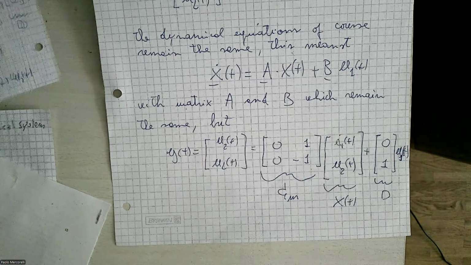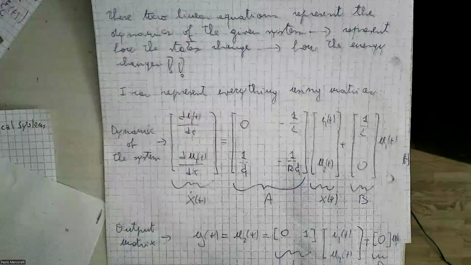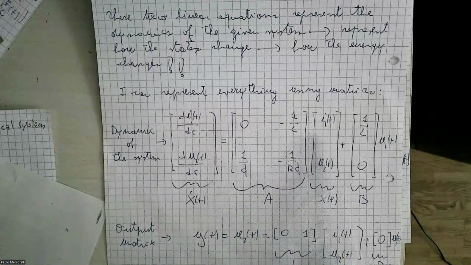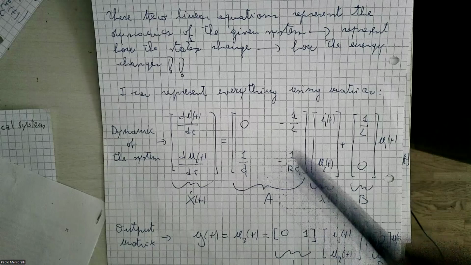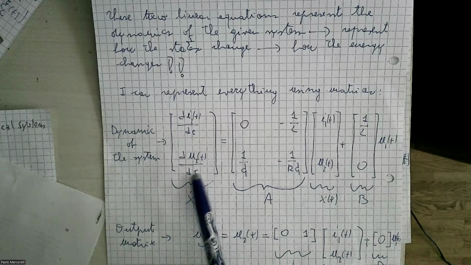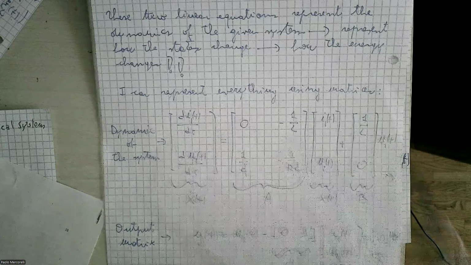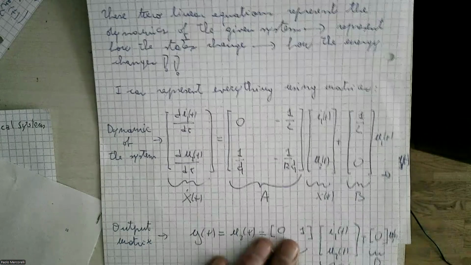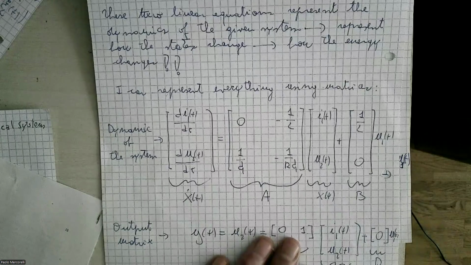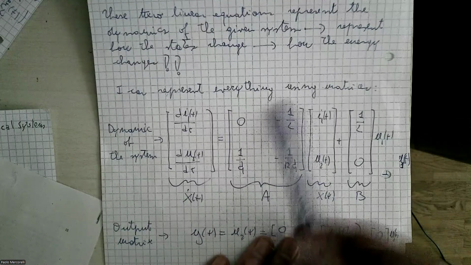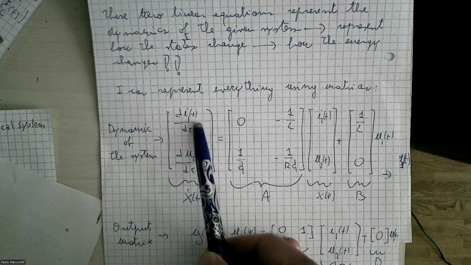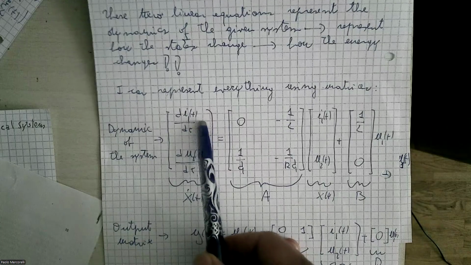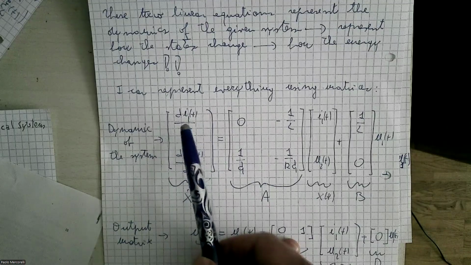Why are they connected? Look at the equations. We don't have 0 here. We can see that. In any case, also thanks to this element here, U2 influences the variation of the current I1, excuse me.